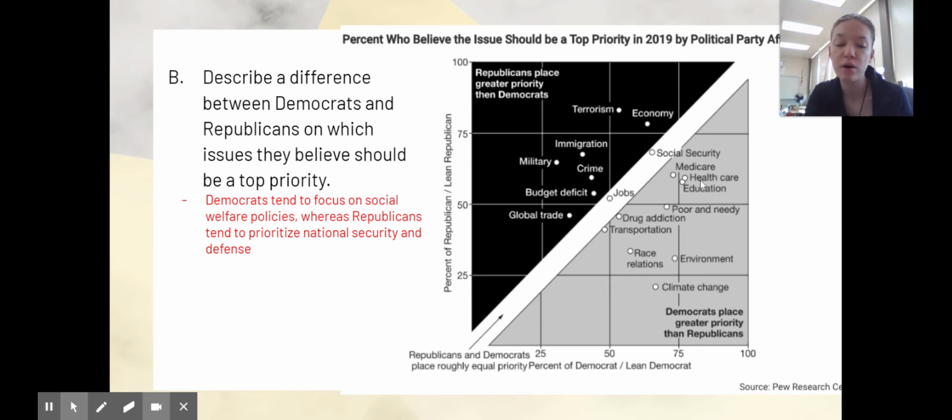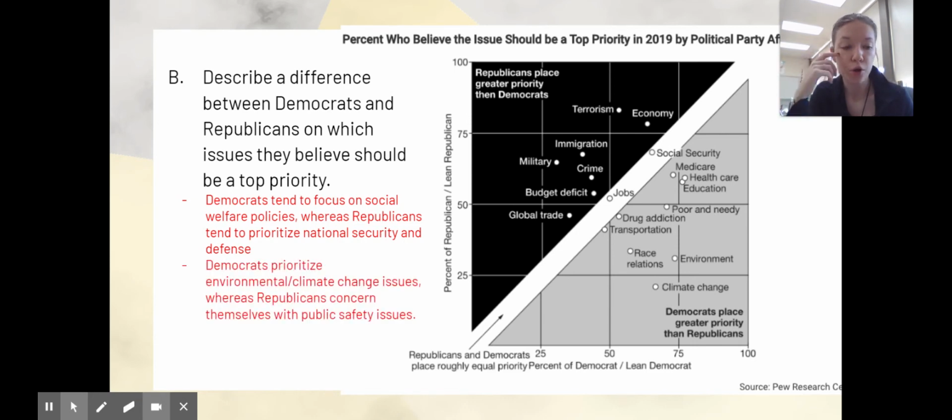All of those are social welfare policies, right? But if you look at the Republican side of things, you can see crime, military, immigration, terrorism. Those all deal with national security and defense. So honestly, something I would probably add to this would be those examples to support your answer.